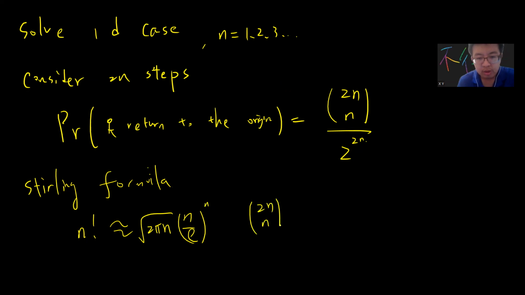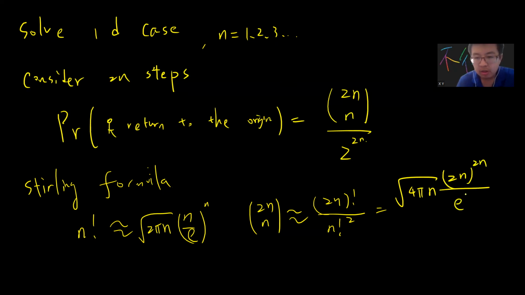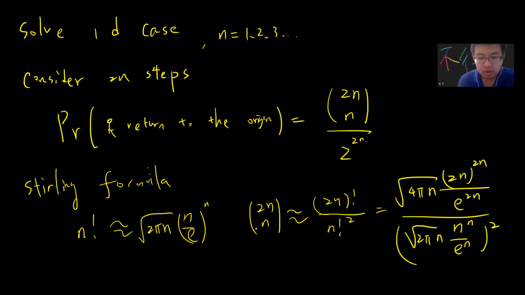So 2n choose n is, by definition, (2n)! over (n!) squared. Using this formula, I get square root of 4 pi n times (2n over e) to the 2n, over 2 pi n times (n over e) to the n, squared. And that is multiplied by 1 over 2 to the 2n.